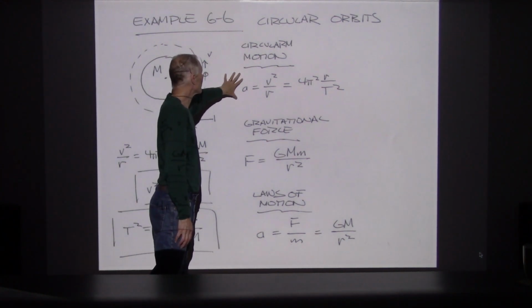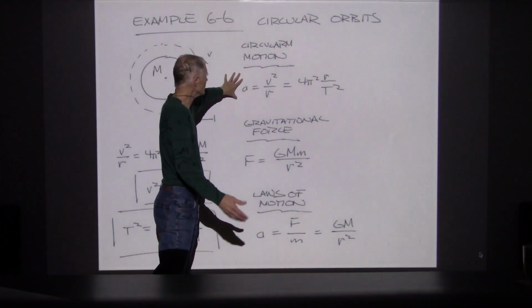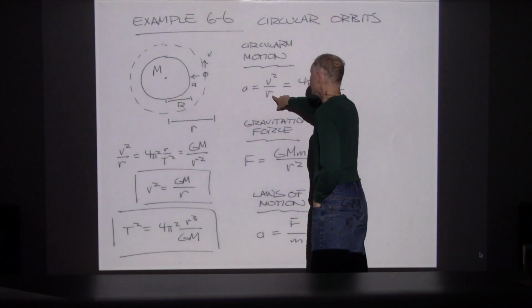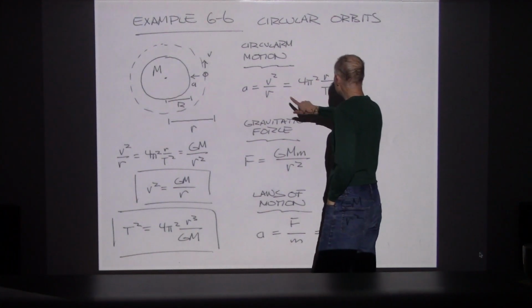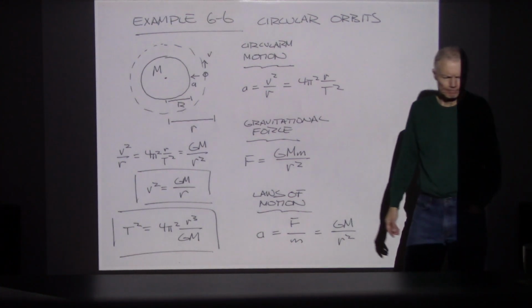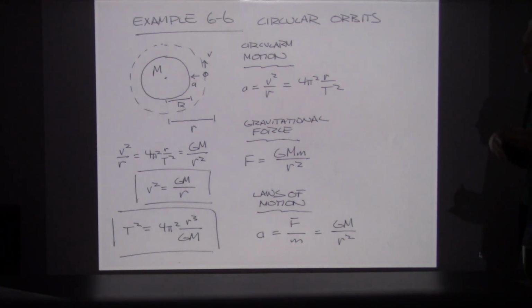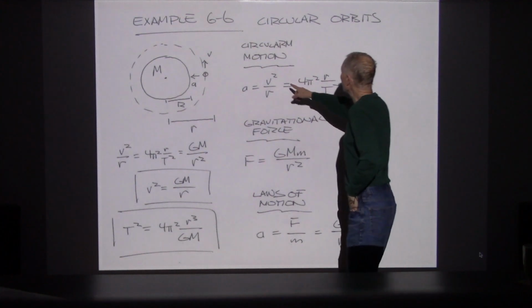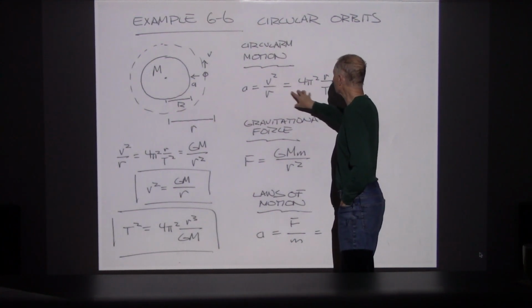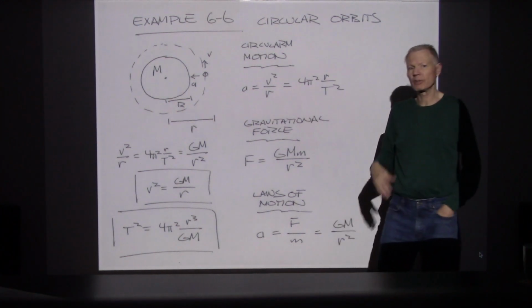For a circular orbit, we're going to make use of circular motion. So we're bringing in our circular motion equation, v squared over r. That's an r, it really is. This is also an r here. We originally wrote this kinematic equation for circular motion as v squared over r, but since then we've adjusted it.